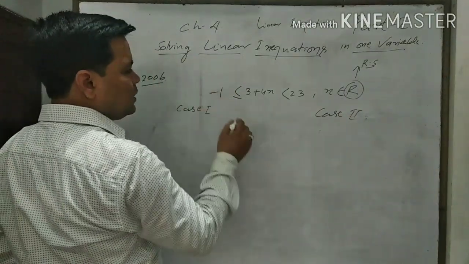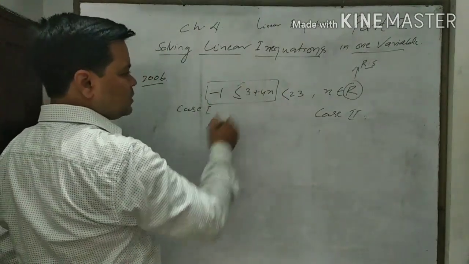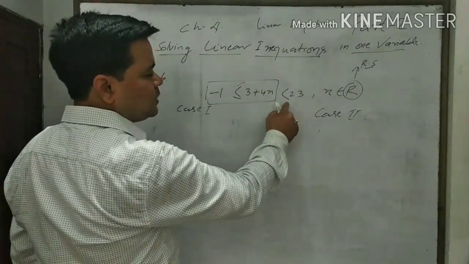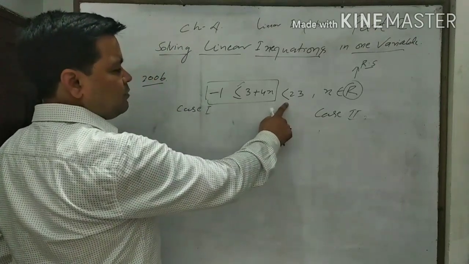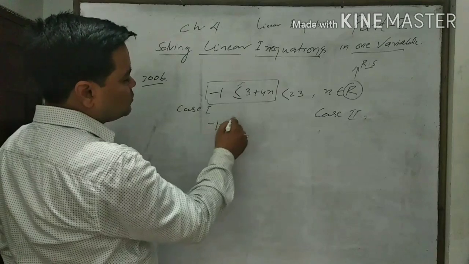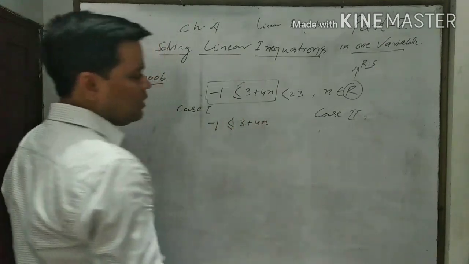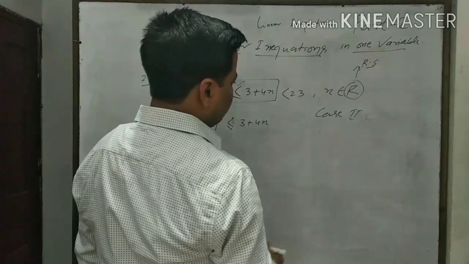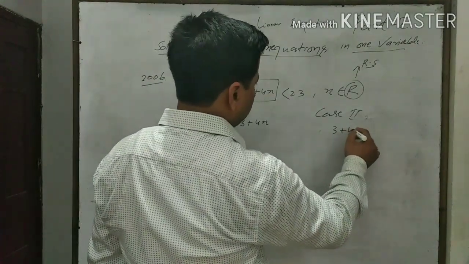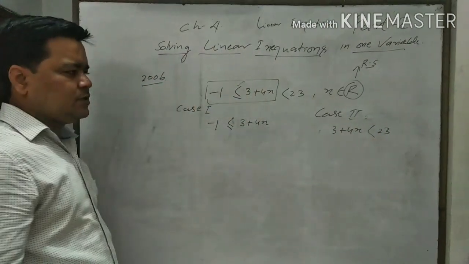In case first, we take one sign of the inequation, and in case second we take the second sign. So in case first, it will be -1 ≤ 3 + 4x, and in case second, it will be 3 + 4x < 23.